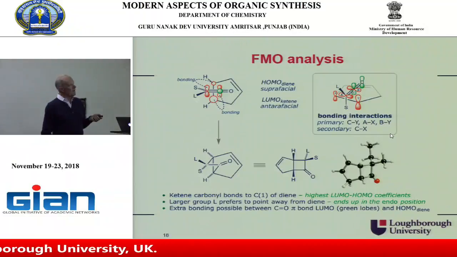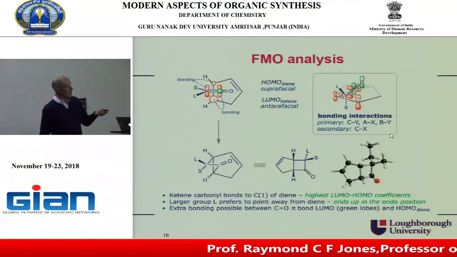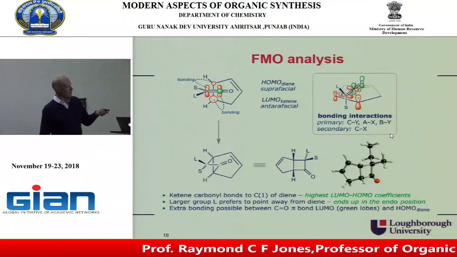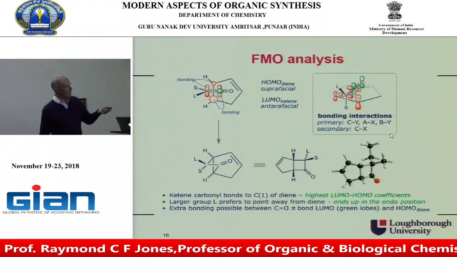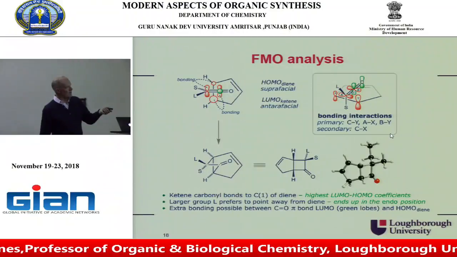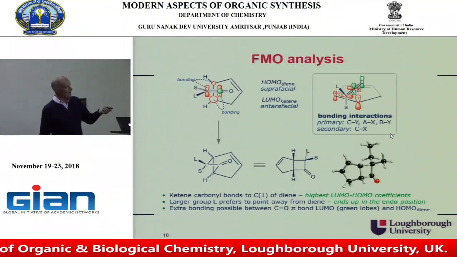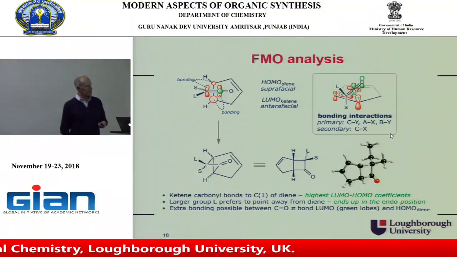Nevertheless, it's possible to imagine bonding overlap there, heading towards a kind of twisted product like that. And you can see why, if you have a large and small substituent, L and S, the smaller substituent on the ketene would prefer to be on the underside, as I've drawn it, closer to the diene than the large group, which would block more space there.